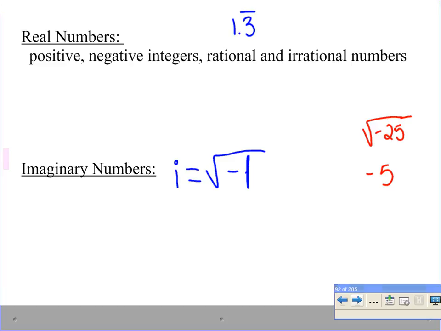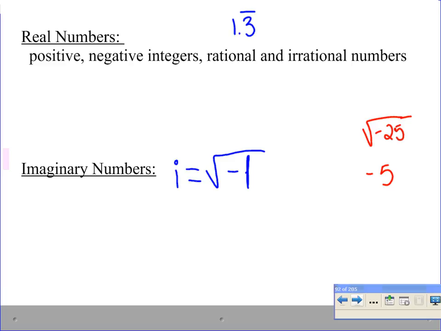Jeremy? Because if there's nothing to make a square, how do you get a square? Okay, kind of. Charles? Say that again. Okay, good.